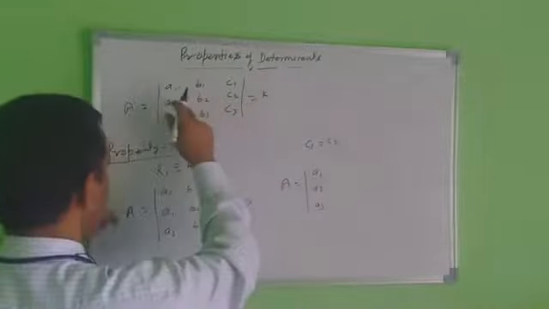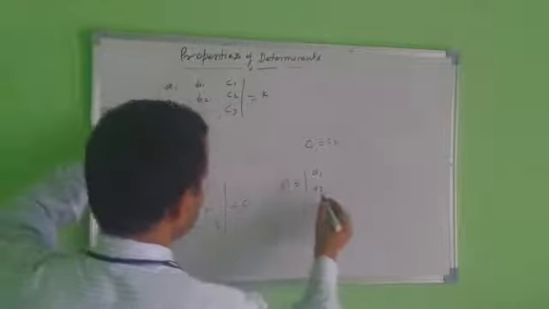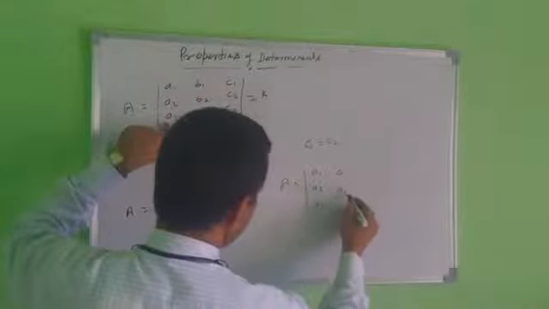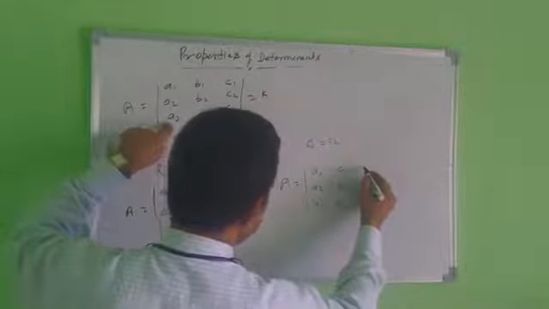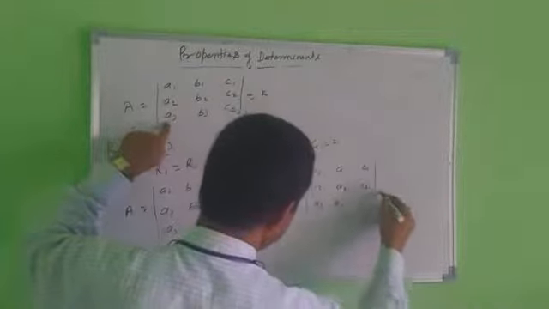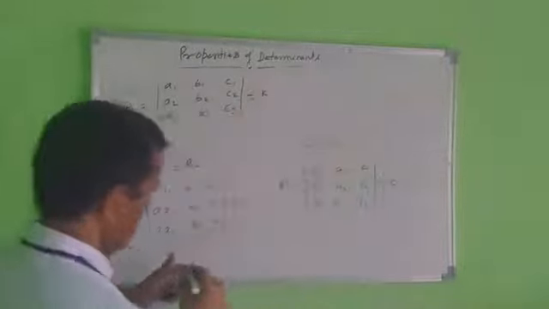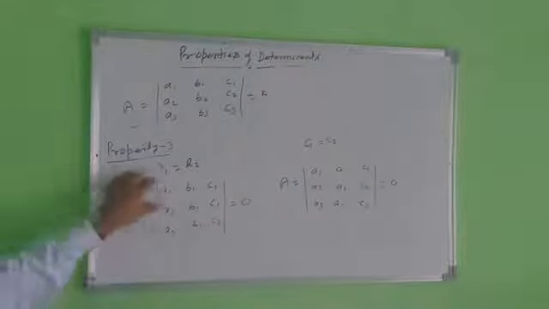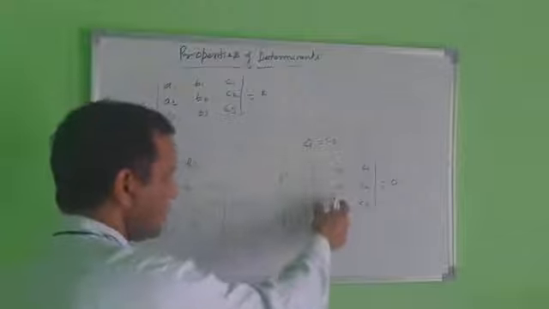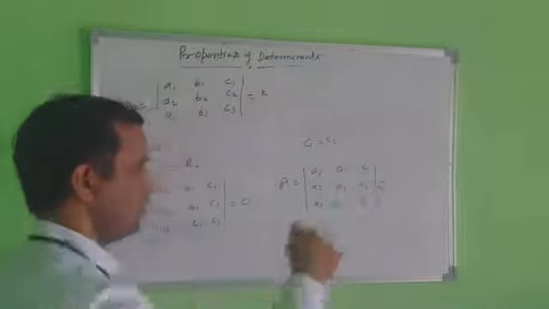Compare the elements of the original determinant: A1, A2, A3 in the column, and C1, C2, C3 in the other. Then the value of the determinant is also 0. So if two rows are identical, the determinant is 0. If two columns are identical, the determinant is also 0.